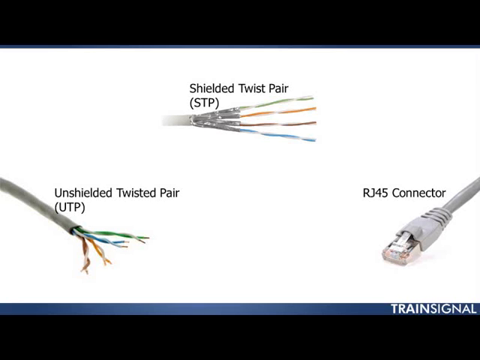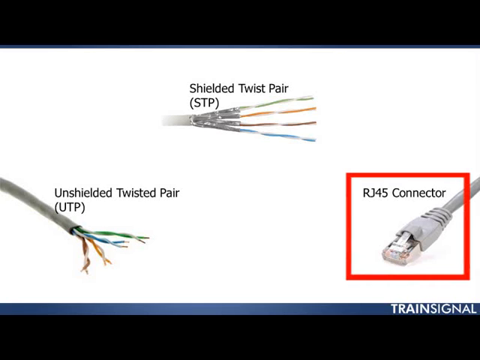Now, the one last thing I want to talk to you about when it comes to twisted pair cables is, and we're going to revisit this in a little bit, but I just want to point out that you're looking at a twisted pair cable by its connector. Okay, you don't actually typically see the wires just sticking out. Those wires are terminated into something called an RJ45 connector. And you may recognize this connector. It looks a lot like a telephone cable connector.